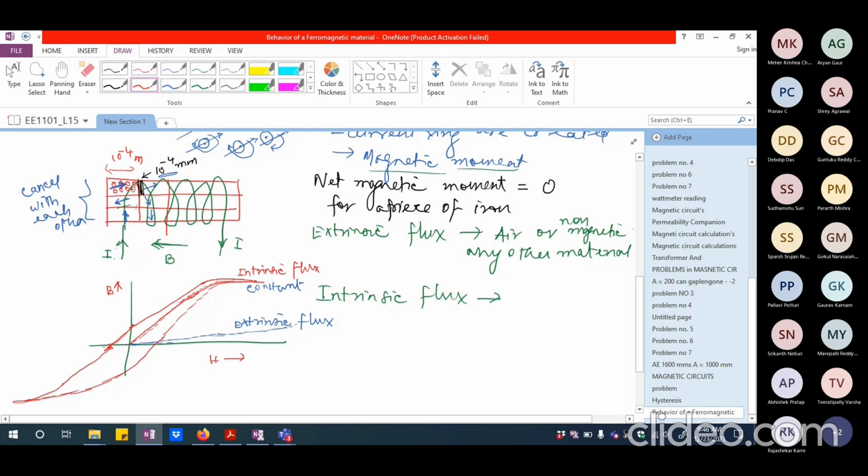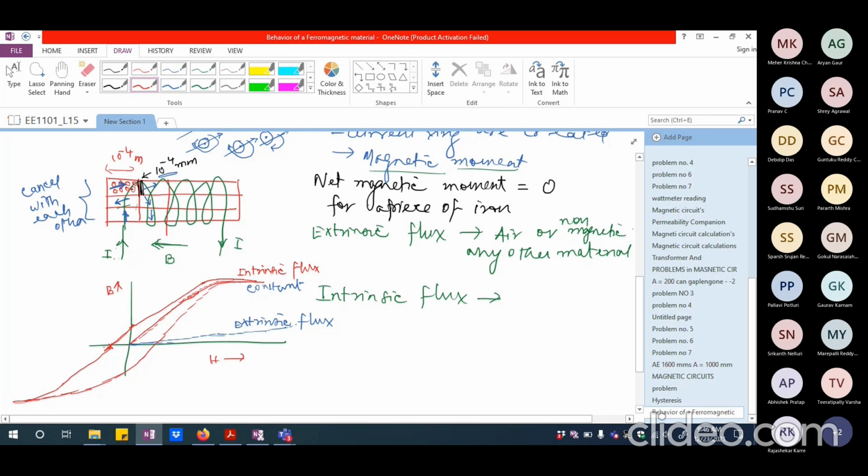So this is the way you are going to see the BH loop, because of the magnetic domains that are inherently available in a piece of iron, which is because of all the four outermost electrons rotating in a particular direction along their axis being parallel to each other.